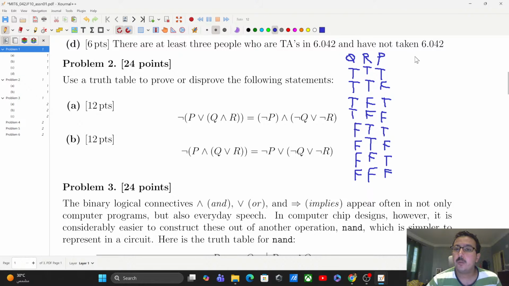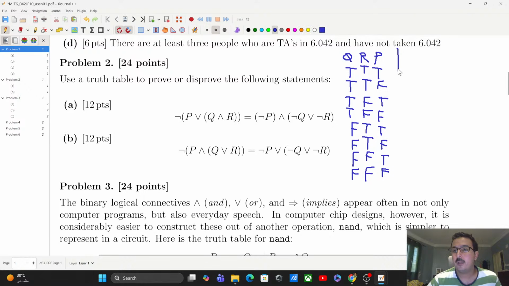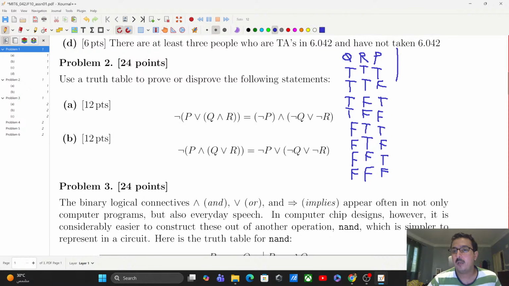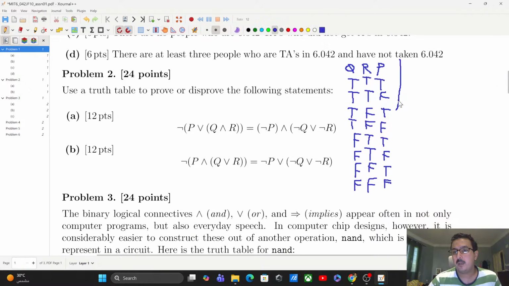So I got Q and R. Okay, this is Q and R. Q and R.